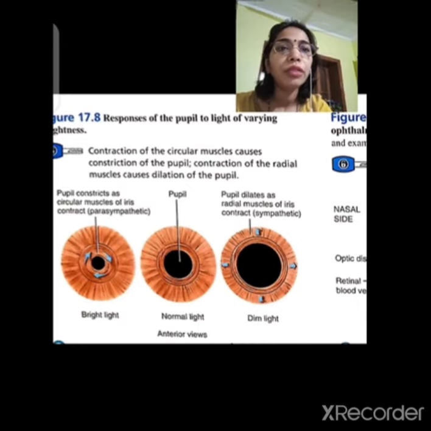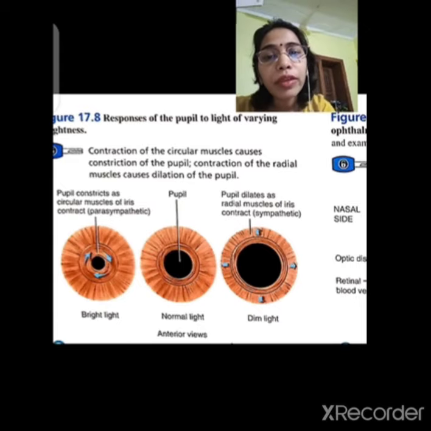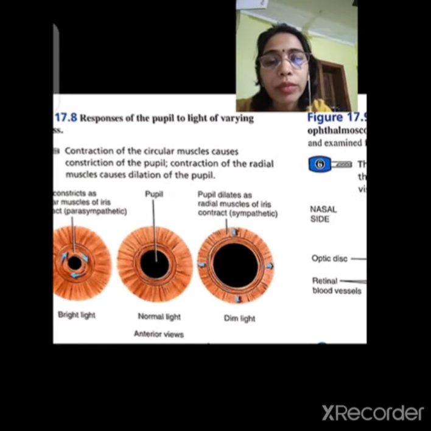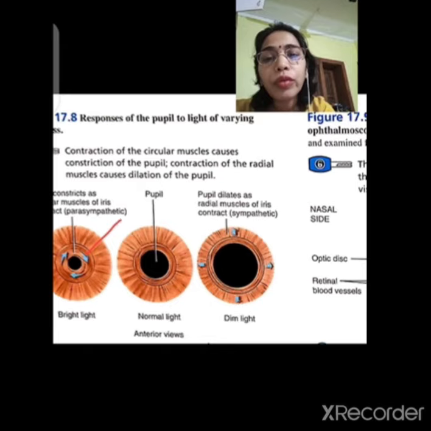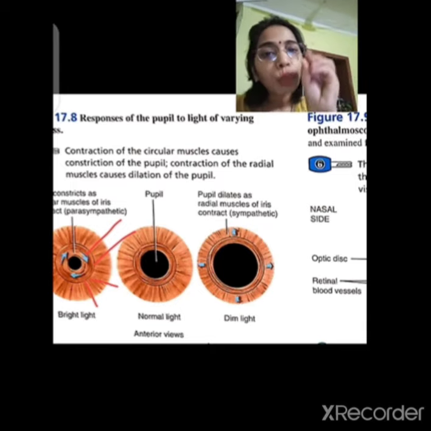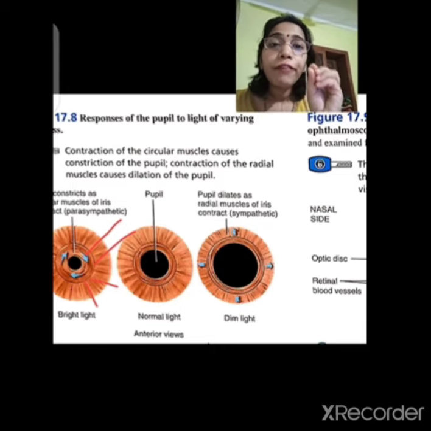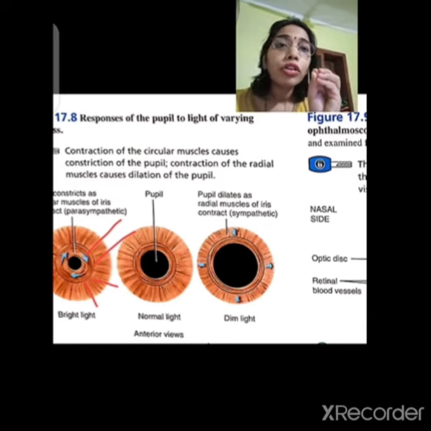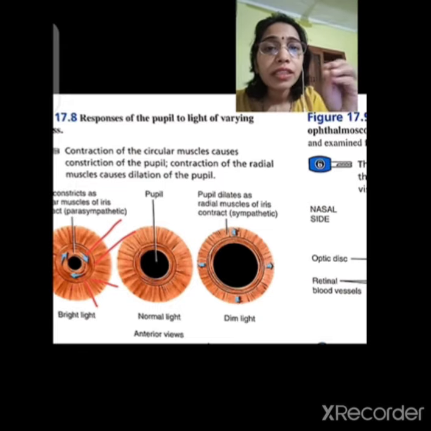Contraction of radial muscles causes dilation of the pupil. There are two types of muscles. When the circular muscles contract, they cause constriction, and the pupil becomes smaller. When the radial muscles contract, the pupils dilate, meaning the pupils open up.